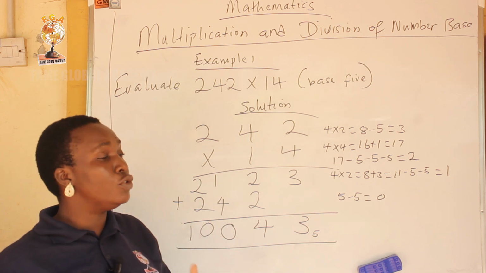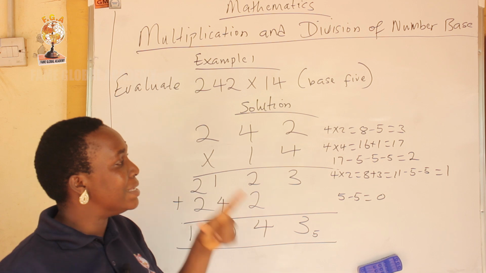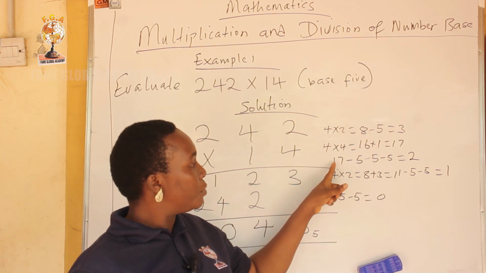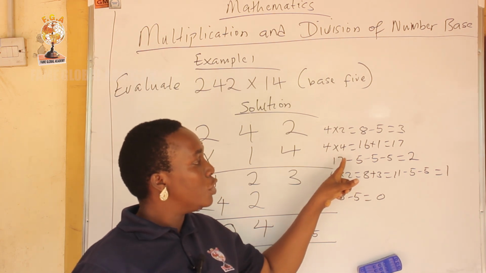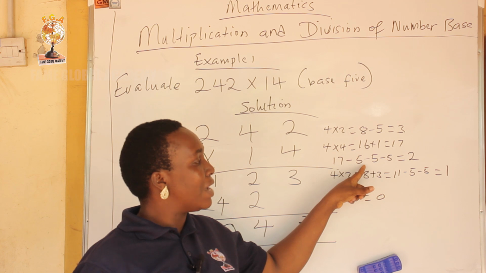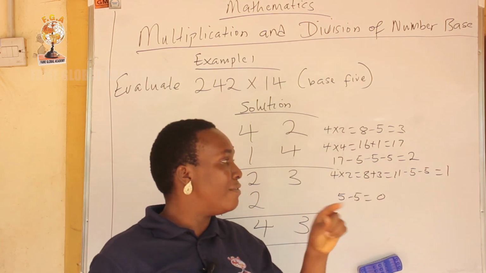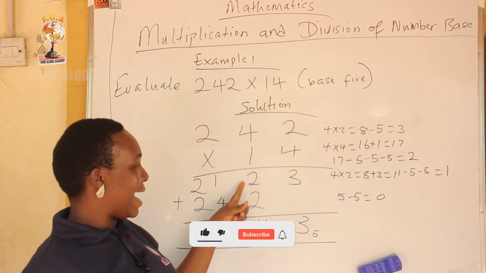You subtract again. So you keep subtracting the base until you have an answer that is less than the base. Okay? So if you subtract 5 from 17, you have 12. You subtract again, you still have another number that is bigger than 5. So you keep subtracting till you have a number that's less than 5, which is this 2. And that's what we are having here.